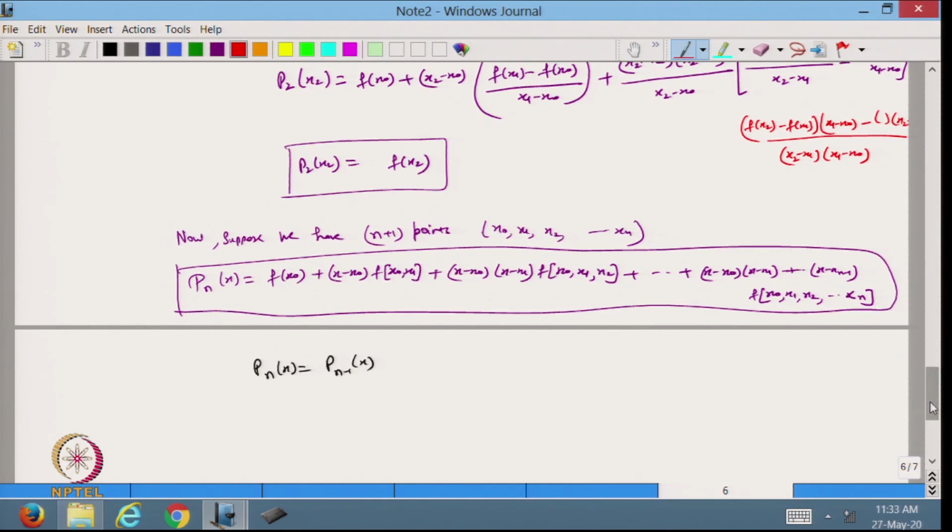So, from here I can write p n x is equal to p n minus 1 x plus the last term.